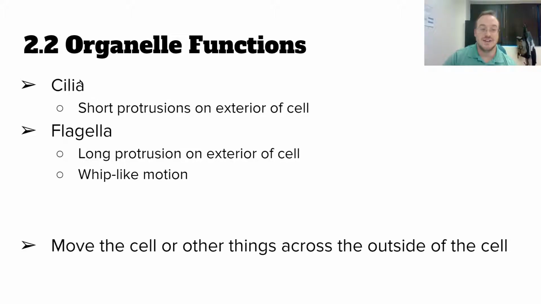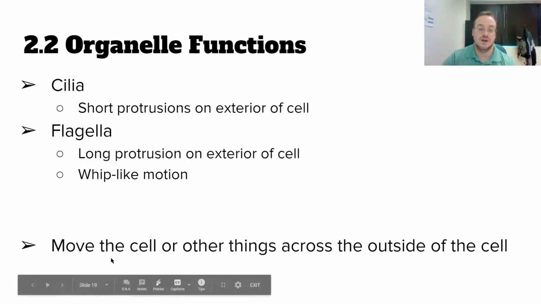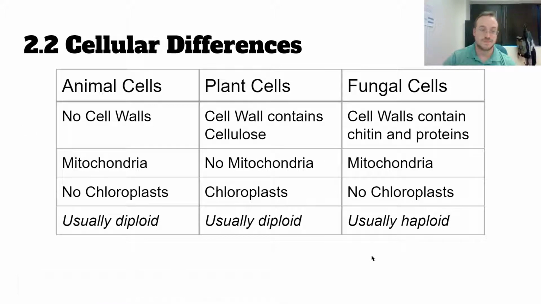The cilia can also move things across the cell. In your small intestine and large intestine, the cilia on the outside of the cells there allow the digested food to continue moving through the intestines. All right? So their function is to move the cell or other things across the outside of the cell.